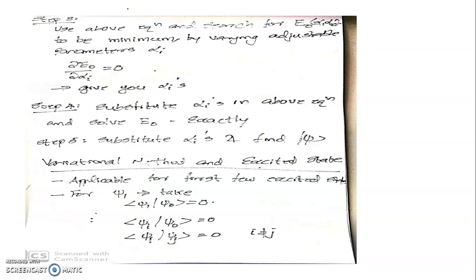Once you have evaluated all these alpha i's, substitute these values of alpha i in the above equation for E, the expectation value of energy that you have evaluated as a mathematical term in terms of the various alphas. That will give you an approximate value, or I have written it here in mathematical language, exact value of E0. If your method is so accurate, it will be exactly equal to the ground state energy, but seldom it might be.